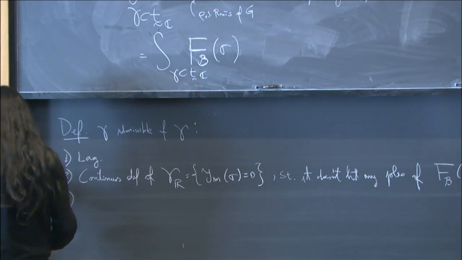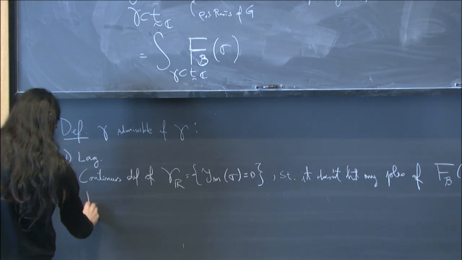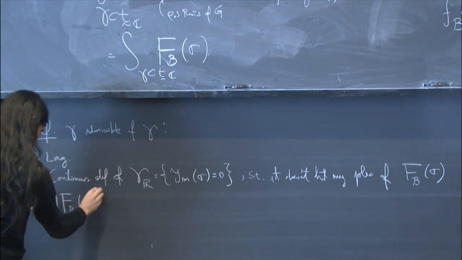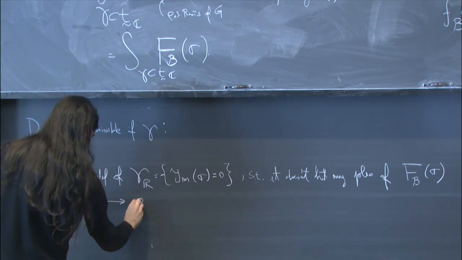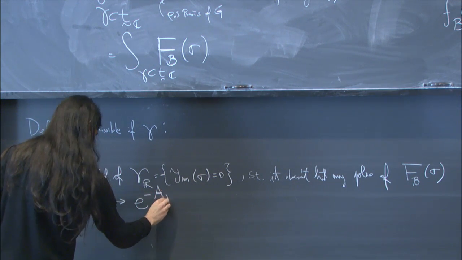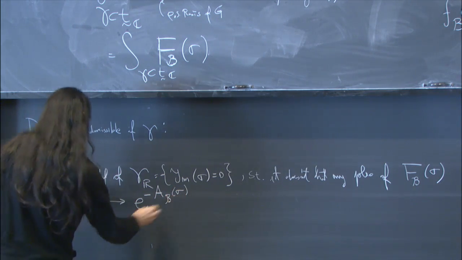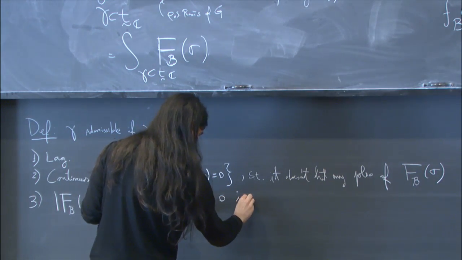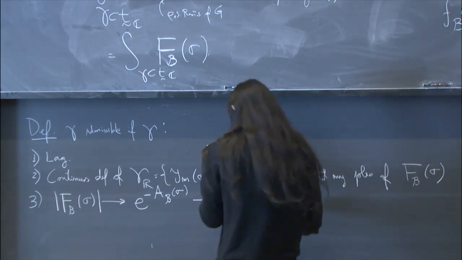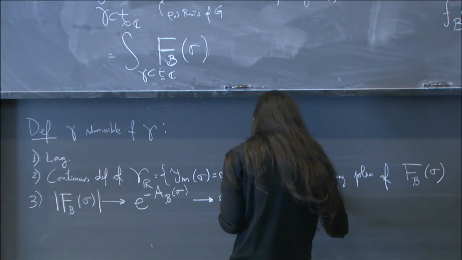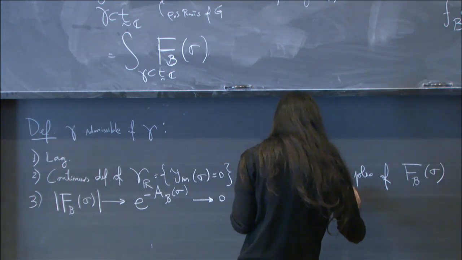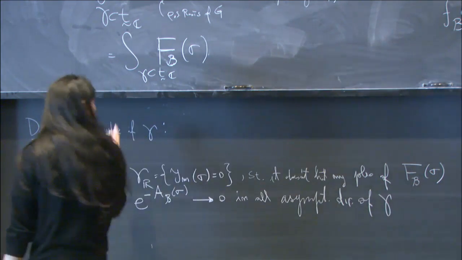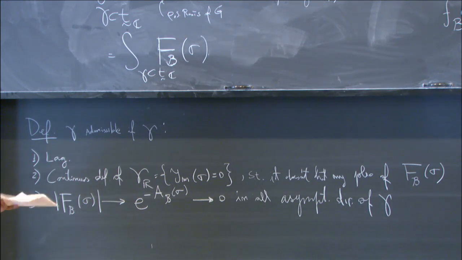I have a third condition, which is, of course, asymptotically, I want my integral to go to 0 in all asymptotic directions of gamma. So the integral must be absolutely convergent. That's what I mean by this.